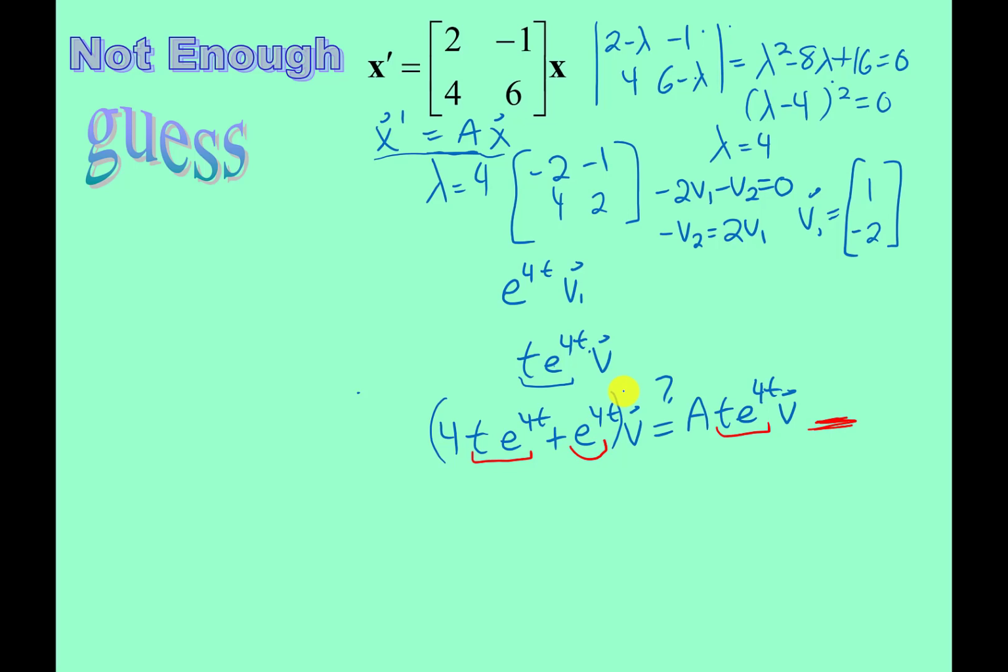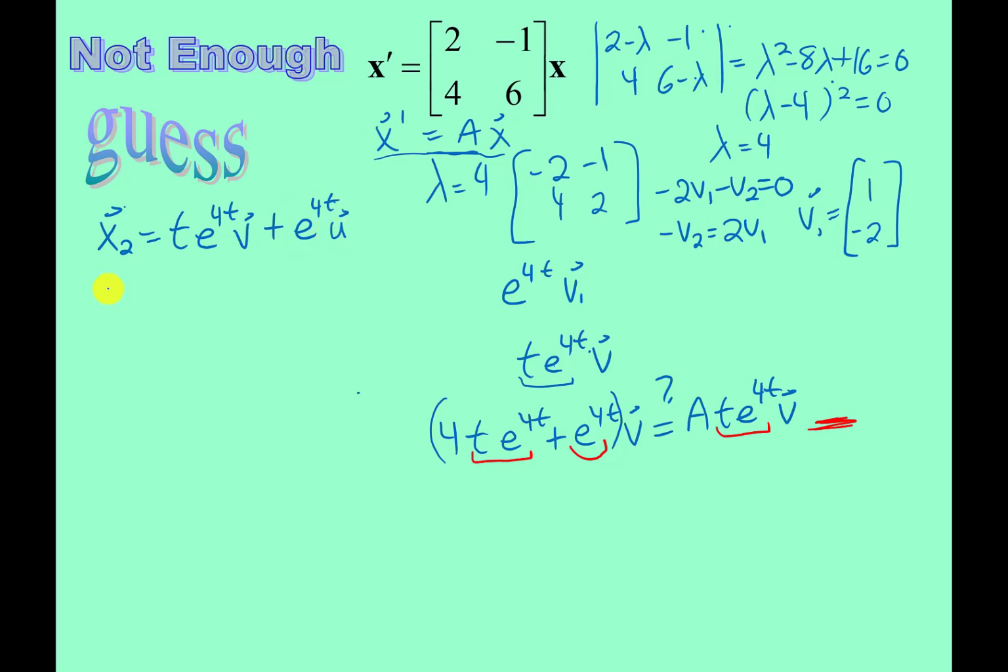So to try and find a second solution, we're thinking that we need some t e to the 4t times the eigenvector, but then we need some e to the 4t times some other vector. We're going to call that other vector u.